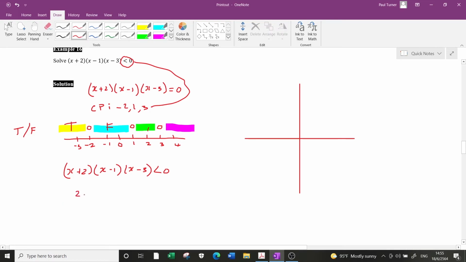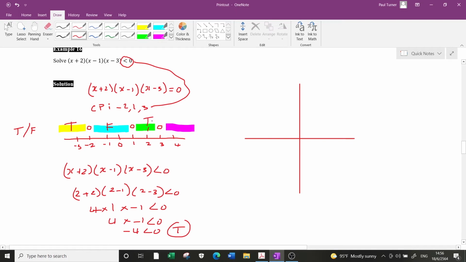So put 2 in. 2 plus 2, 2 minus 1, 2 minus 3, less than 0. 2 plus 2 is 4. 2 minus 1 is 1. 2 minus 3 is -1. So 4 times 1, 4. 4 times -1 is -4. So that's going to be true. So the green area is true.